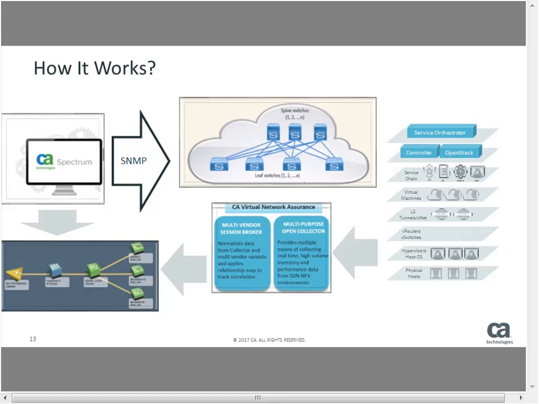The way it works, Spectrum will discover your physical entities like your leaf and spine switches, your ACI fabrics, and model those into Spectrum. Then VNA comes into the picture, which talks to the controller. In this case, it would be Epic. In some cases, it could be OpenStack controllers.